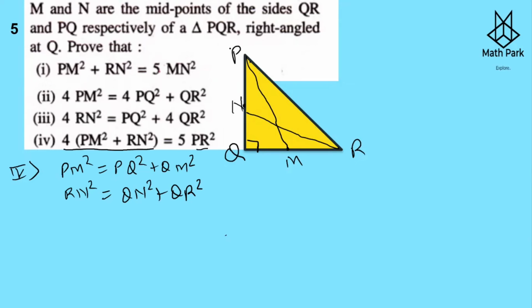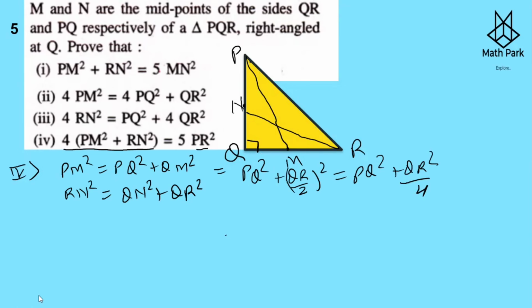PR is the hypotenuse of the bigger triangle. So PQ square is already over here. Instead of QM, what can I write? This can be written as PQ square, and QM is nothing but half of QR, so plus QR upon 2 the whole square. Which we get as PQ square plus QR square upon 4.